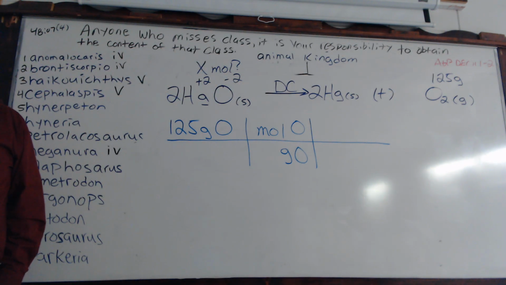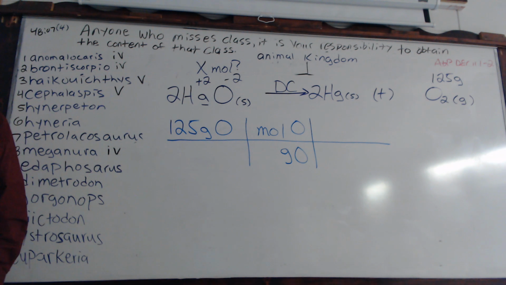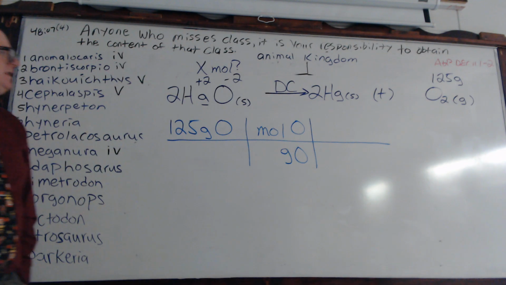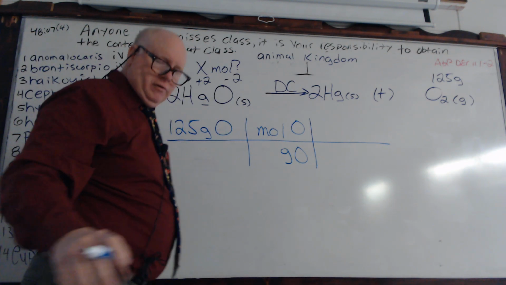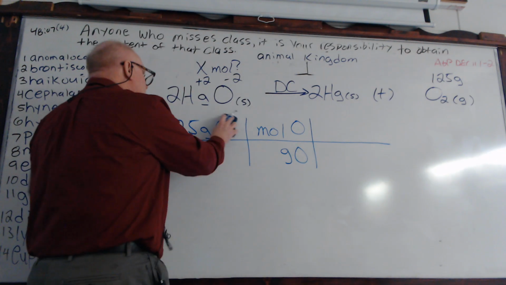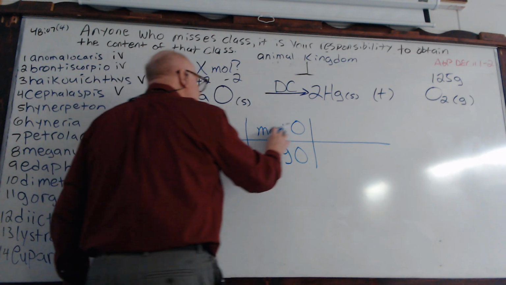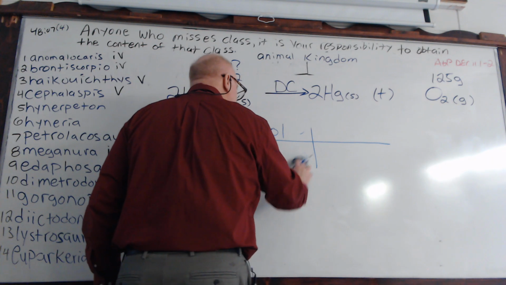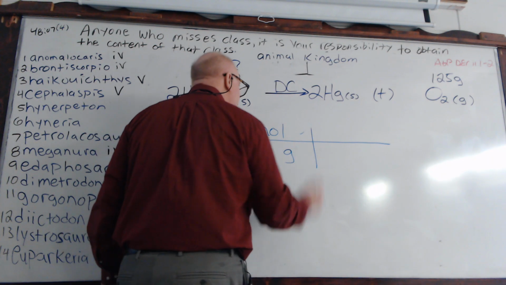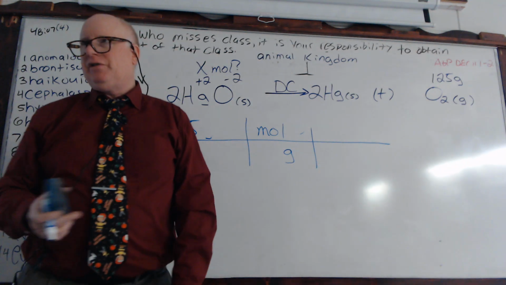Because oxygen, just like hydrogen, chlorine, any of the halogens, and nitrogen, they're all diatomic. Because if you do this, and maybe they just put grams down here, how do you know what you're measuring?